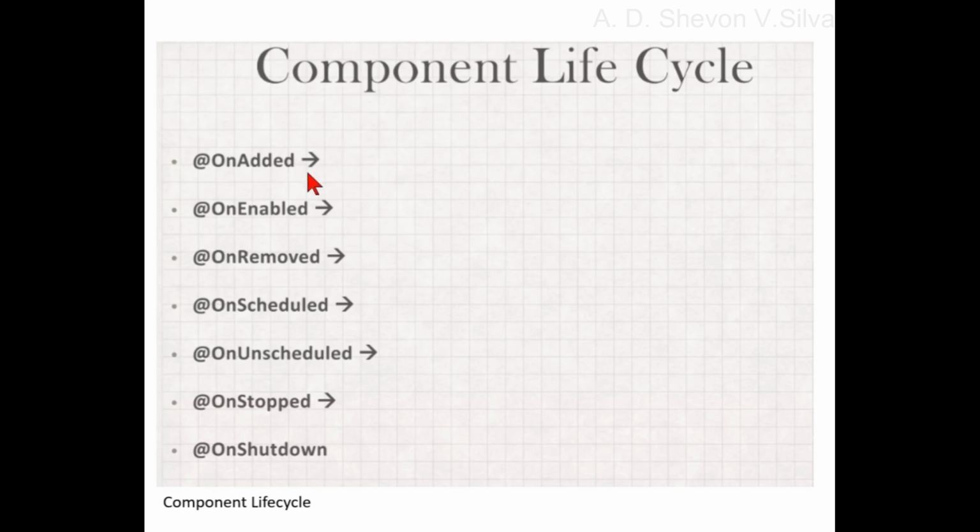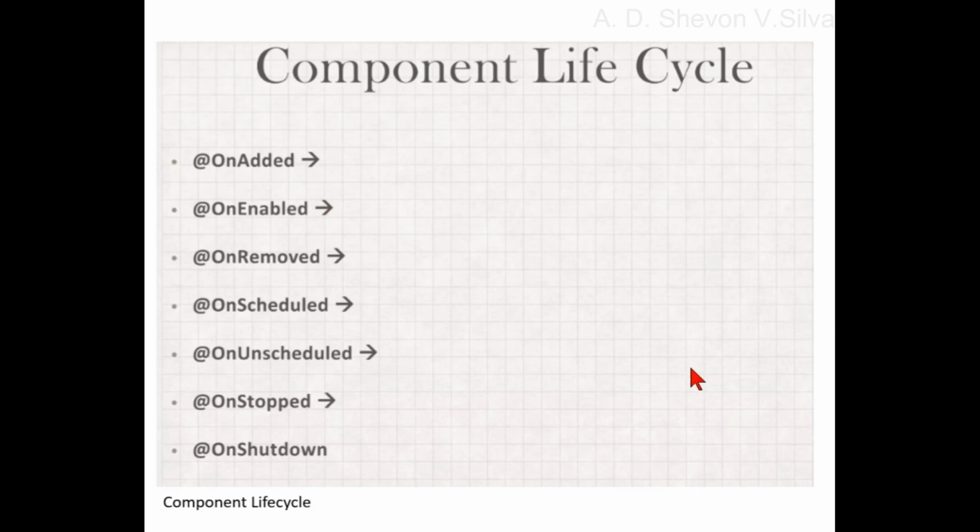With the API, the annotation type OnAdded is a marker annotation that a processor, controller service, or reporting task implementation can use to indicate a method should be called whenever the component is added to the flow. This method will be called once for the entire life of a component instance.